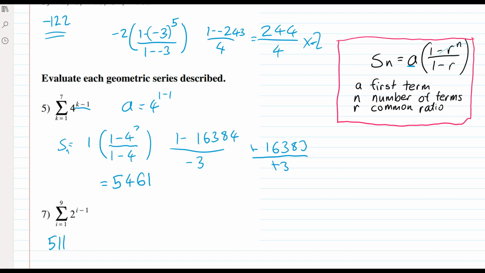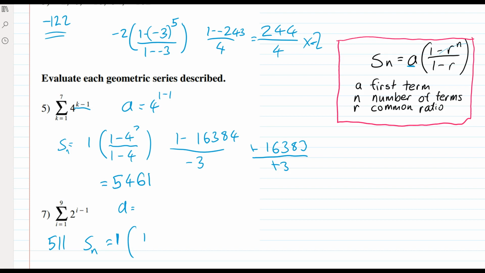Just like with the last one, we start off with working out what term 1 is, or our A, and that equals I, which is 1 for our first term, minus 1. Anything to the 0 is 1, so our first term is just 1. And that goes outside the brackets, so Sn equals 1.